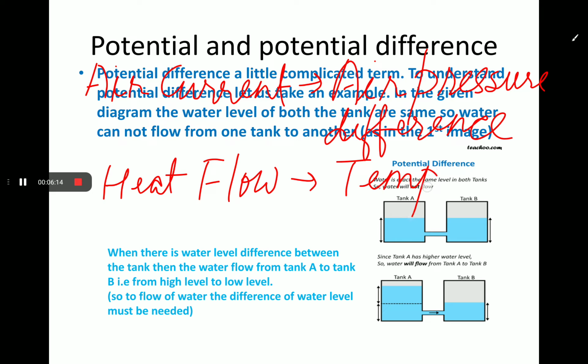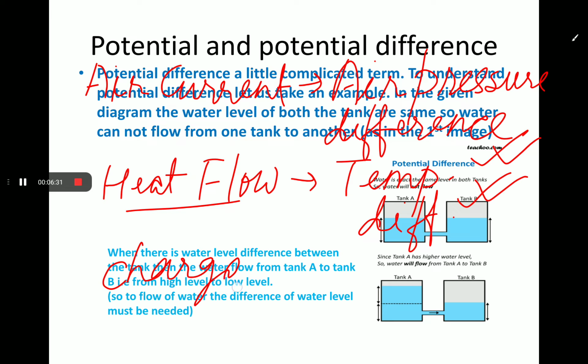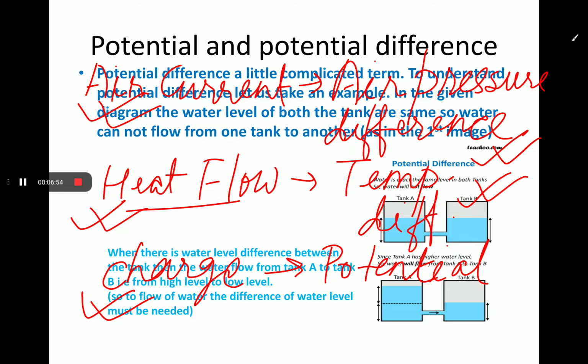So students, as air flows due to air pressure difference and heat flows due to temperature difference, in the same manner the charges also flow due to some sort of difference, and that difference is called potential. You have to remember that as air current flows due to air pressure difference, and heat flows due to temperature difference, similarly the charges flow due to the potential difference.